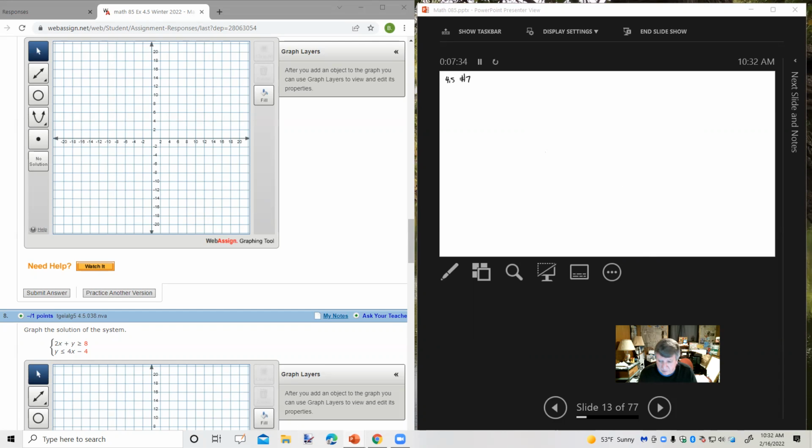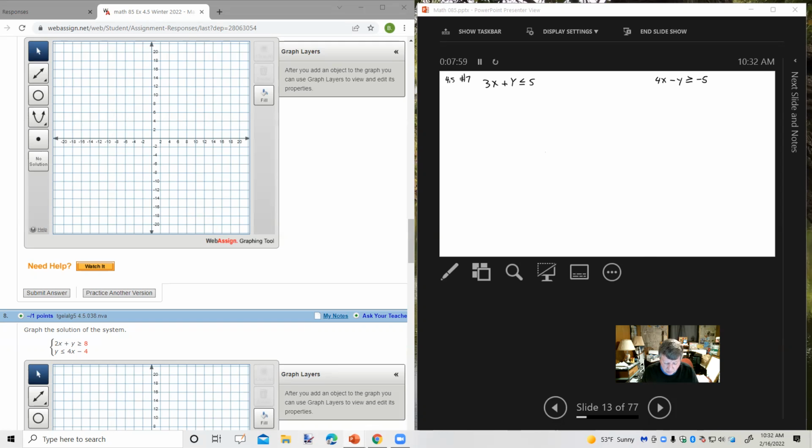And it's the following system of linear inequalities. The first inequality is 3x plus y less than or equal to 5. The second inequality is 4x minus y greater than or equal to -5.